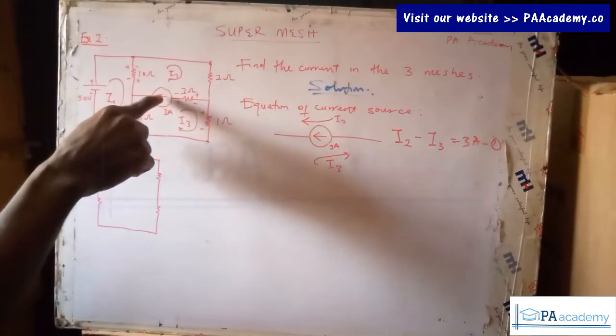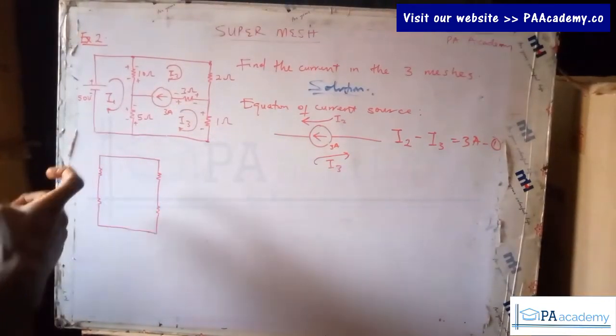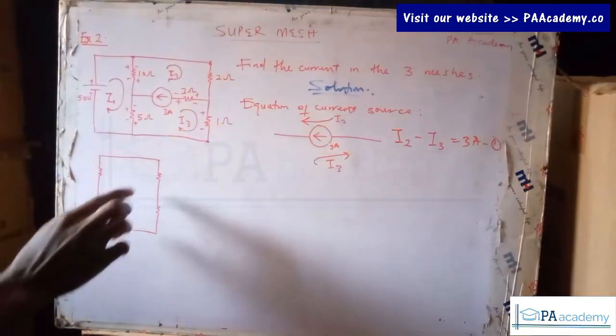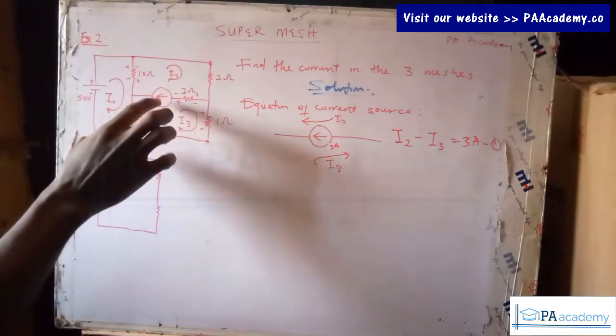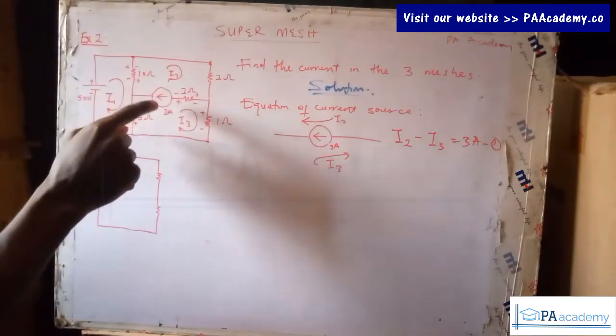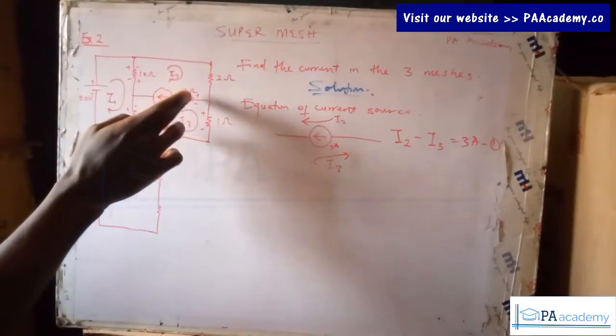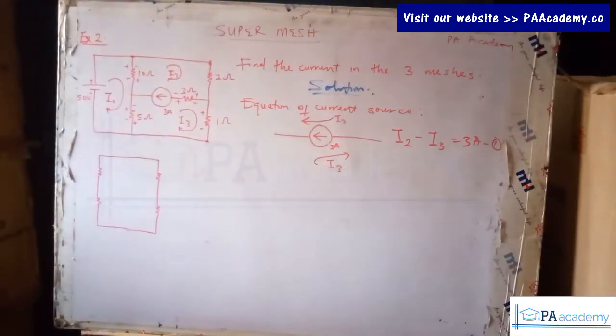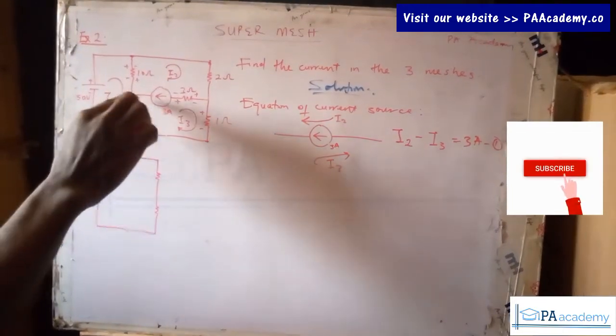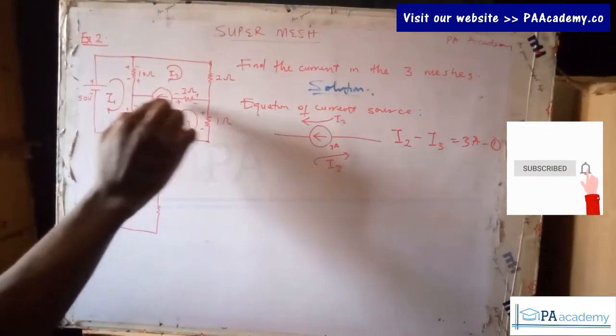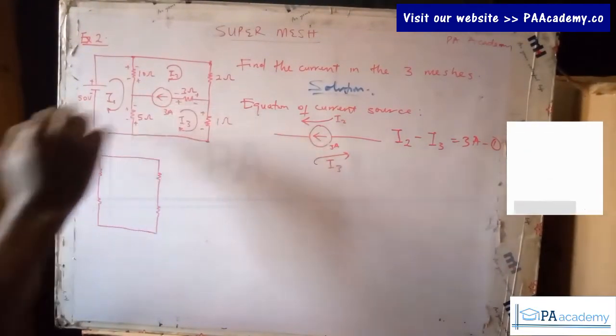Since we are not going to include the current source, like I explained in the other examples, in drawing the super mesh circuit, are we going to omit the resistor, or are we going to add it? Whenever you come across this, you are going to omit it, along with whatever element you have on that particular branch.